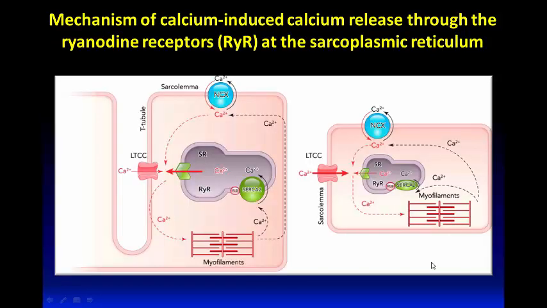So here we have again a summary of the mechanism of calcium-induced calcium release through the ryanodine receptors at the sarcoplasmic reticulum. These are the L-type calcium channels, the dihydropyridine receptors, which we have in the T-tubular system, and we also have them in the sarcolemma. And these are the ryanodine receptors, which we have in the sarcoplasmic reticular membranes.